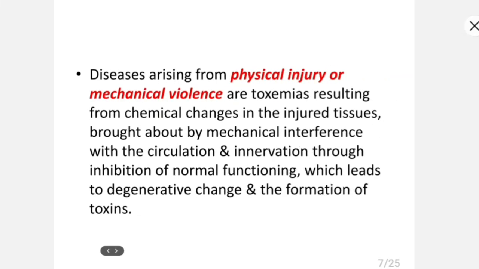So if diseases are intoxications, let's consider the sources from which diseases arise. We will consider three sources. First, let's consider diseases arising from physical injury or mechanical violence. If we have a cut in our hand from a knife, the knife is a mechanical thing, and it cuts our skin.